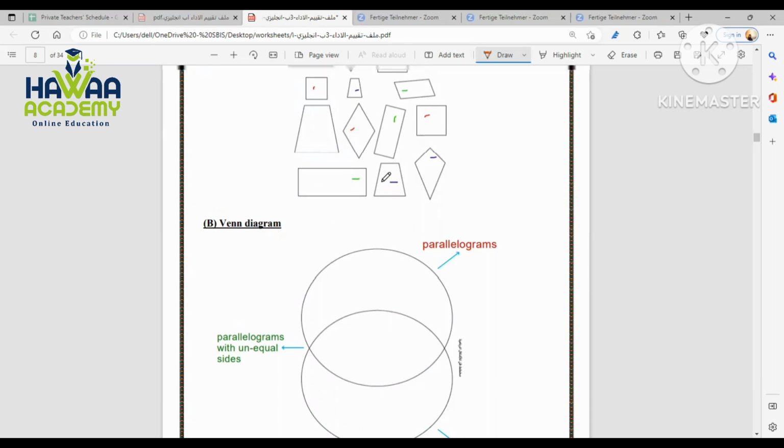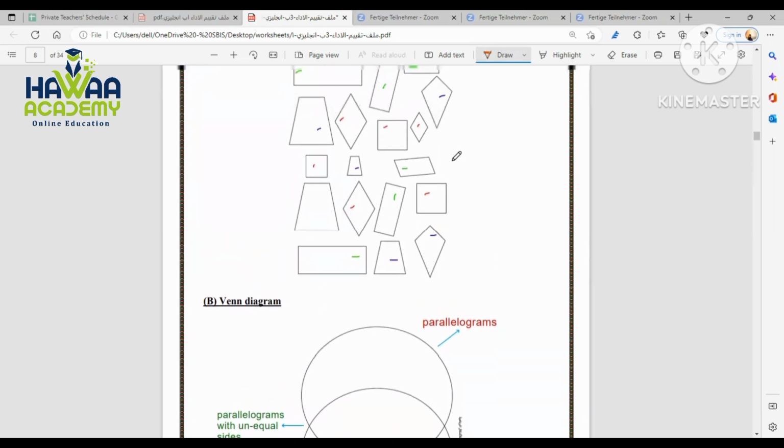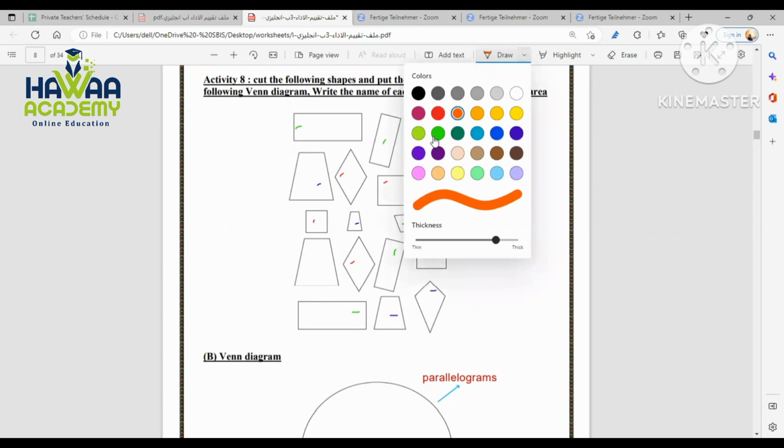So we're just going to color them, or we can join them here and you can cut them and make it in a very good way. So let's search first for the parallelograms. The parallelograms that are here are the squares, rectangles, and the parallelograms.